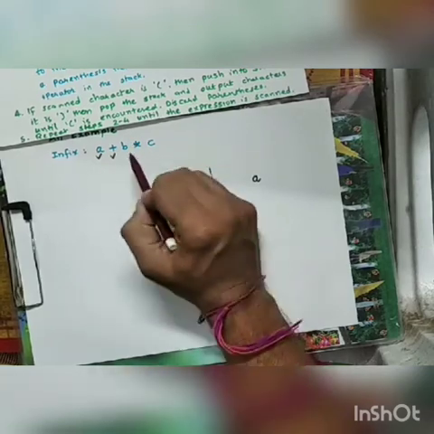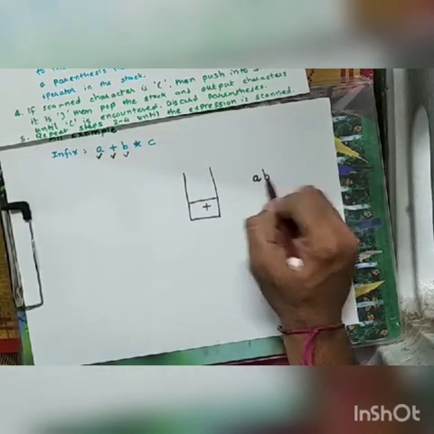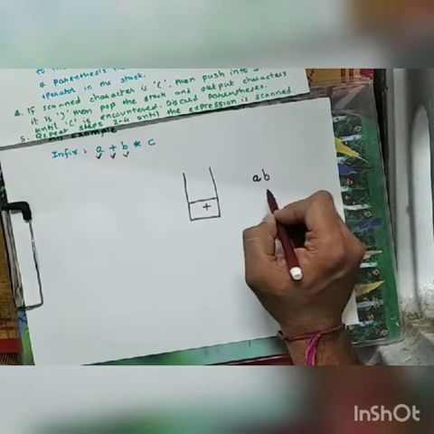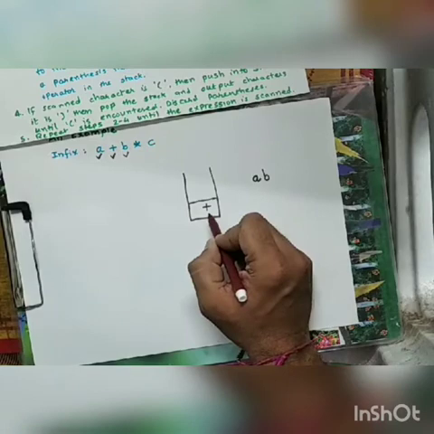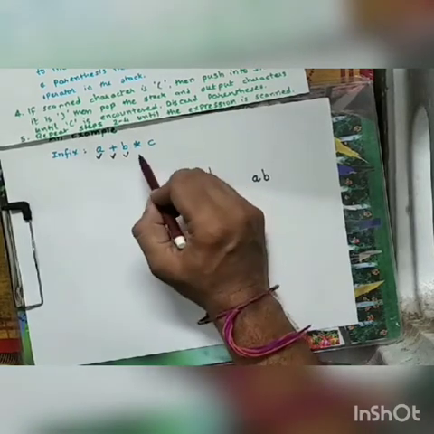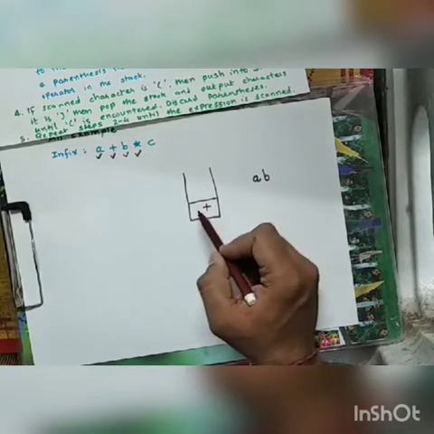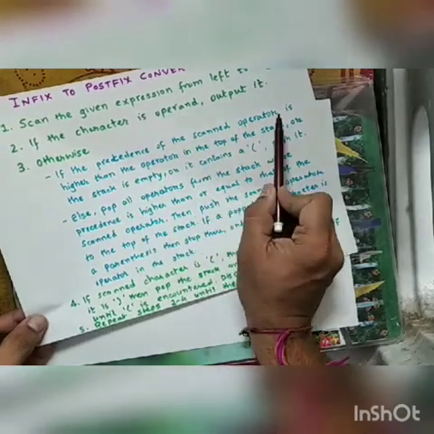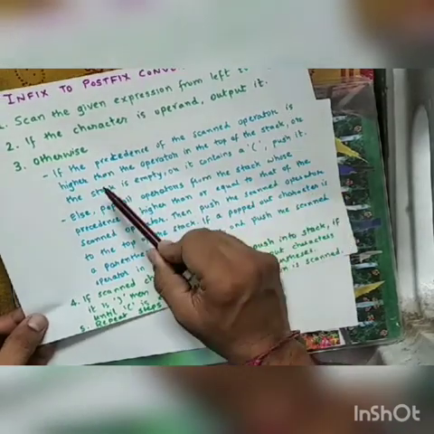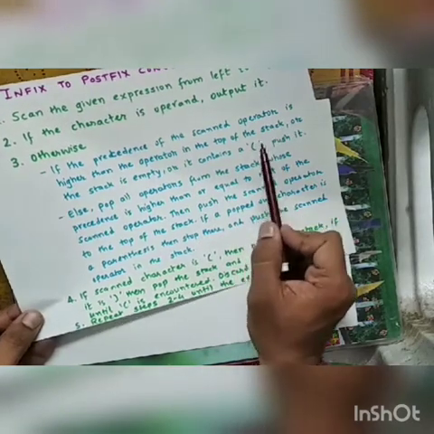The next character is b. Since b is an operand, it will simply be part of the output. So ab is my current output, and plus is an operator which is in the stack. The next operator under consideration is the multiplication operator star. Let us go back to the algorithm. If the precedence of the scanned operator, which is star, is higher than the operator on the top of the stack, which is plus, then push it.